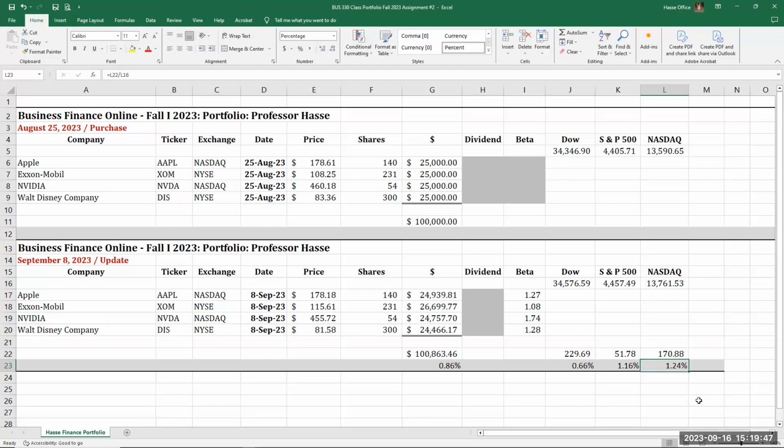Then you'll calculate again the percentage change in your portfolio, comparing it to the market, and we'll see who is the Wolf of Wall Street of Business 330 for this fall 1 session. So there is a completed portfolio, what I'm looking for in that work.